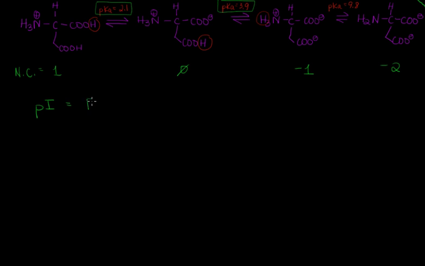We're going to call these pKa1, pKa2, and pKa3. So we're going to look at pKa1 and pKa2 and take the average of those. So this is 2.1 plus 3.9 over 2. So this is 6 over 2. So the pI here is 3.0.